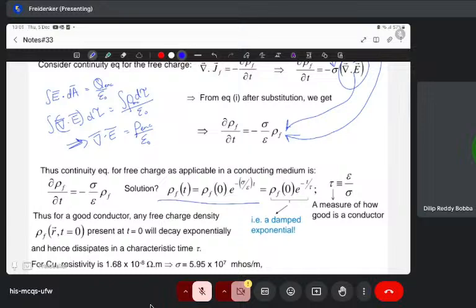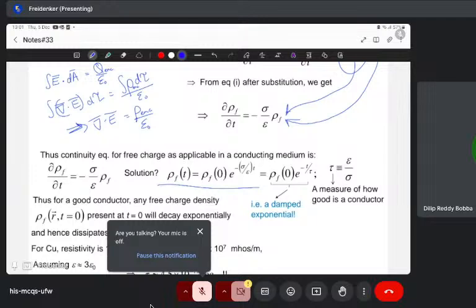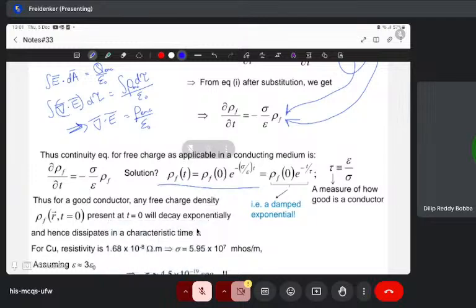Okay, so let's say there is a medium in which free charges exist, and when they're trying to conduct electricity, they move from one place to the other. So that would mean the density at that place is going to decrease.